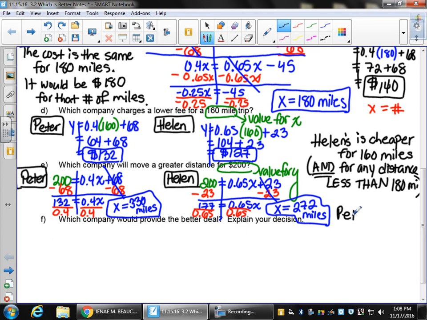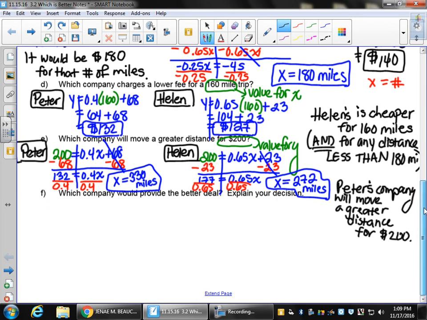Peter's company will move a greater distance for $200. Notice I literally took the question and just used it to build my answer. It's a good strategy.